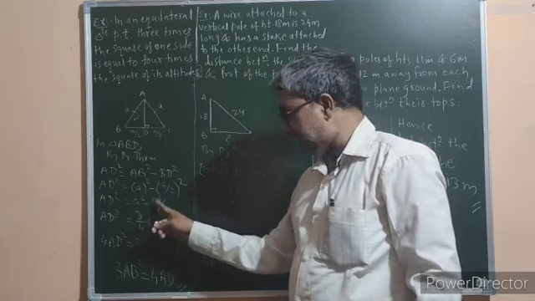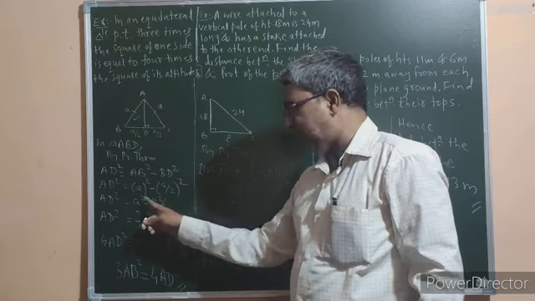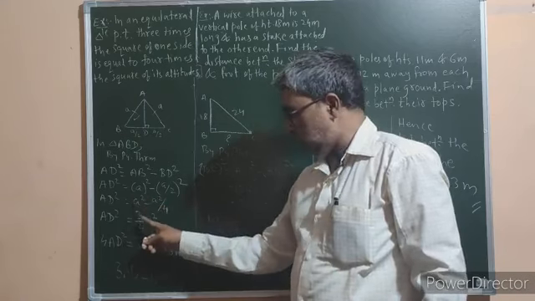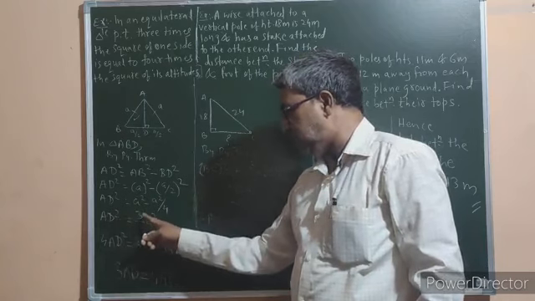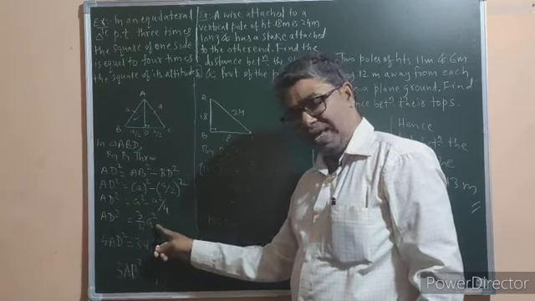If you subtract 1/4 of a square from 1 a square, you will be getting 3/4 of a square, that is AD square is equal to 3 upon 4 a square.